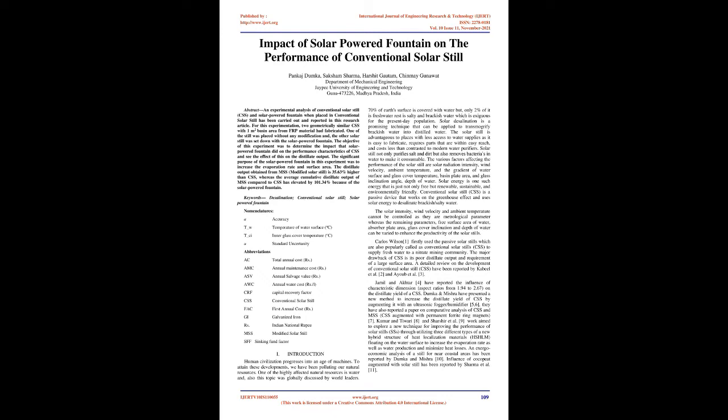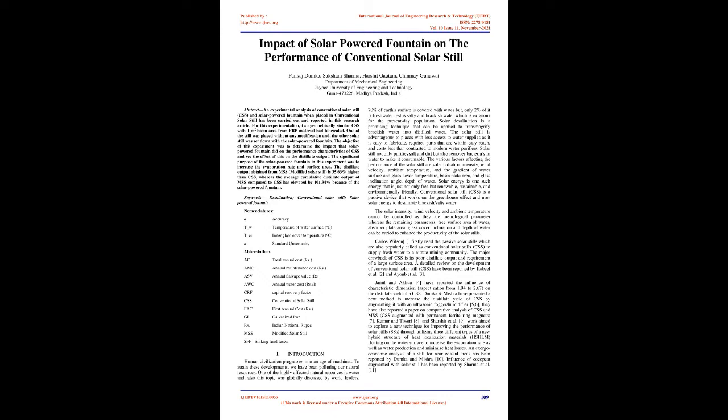The various factors affecting the performance of the solar still are solar radiation intensity, wind velocity, ambient temperature, the gradient of water surface and glass cover temperature, basin plate area, glass inclination angle, and depth of water. Solar energy is not only free but also renewable, sustainable, and environmentally friendly.